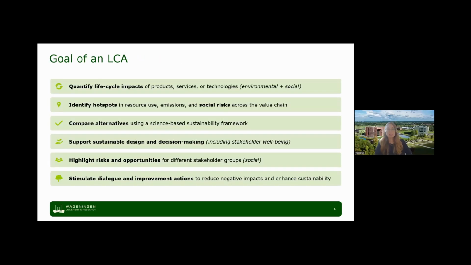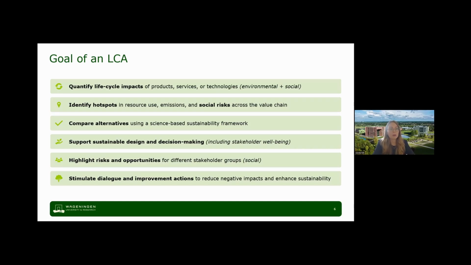And what is then the goal of an LCA? So if you have quantified all these impacts, that will give a lot of information. So it helps to identify hotspots in the life cycle to see what is contributing the most to these impacts. This will give information for people to potentially mitigate these impacts, so social and environmental. You can compare products, so you can do a similar life cycle assessment on similar products in different countries to see what are the differences on different systems.